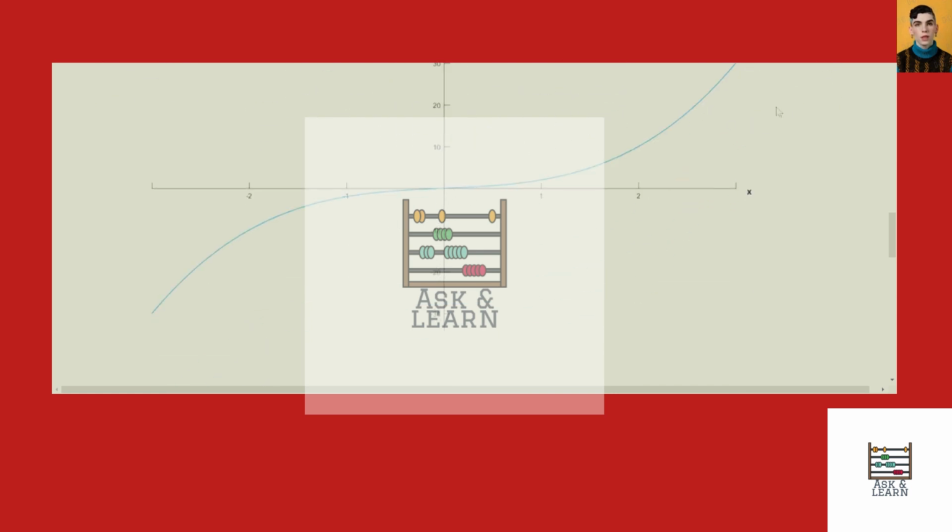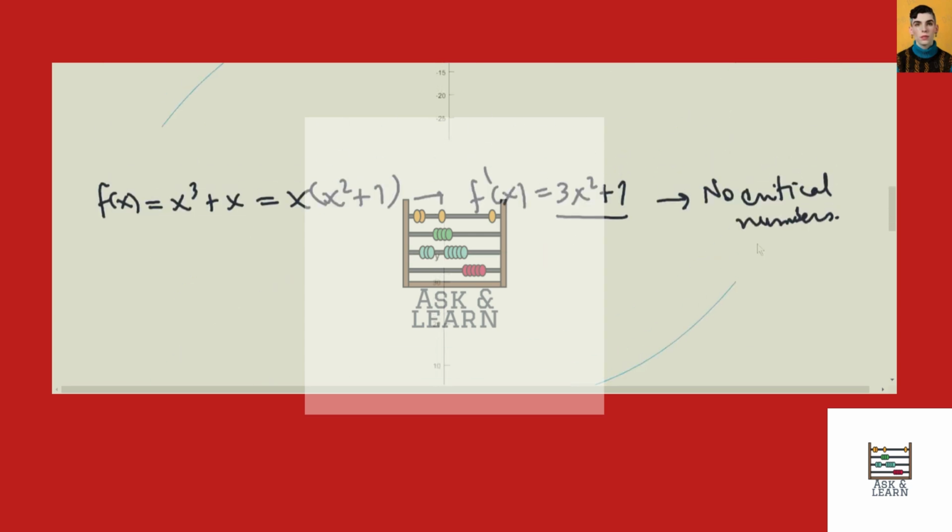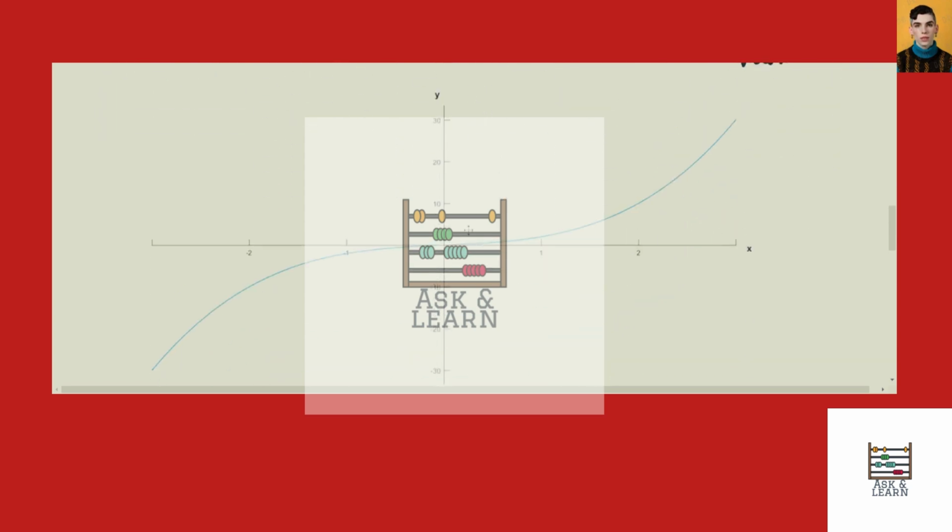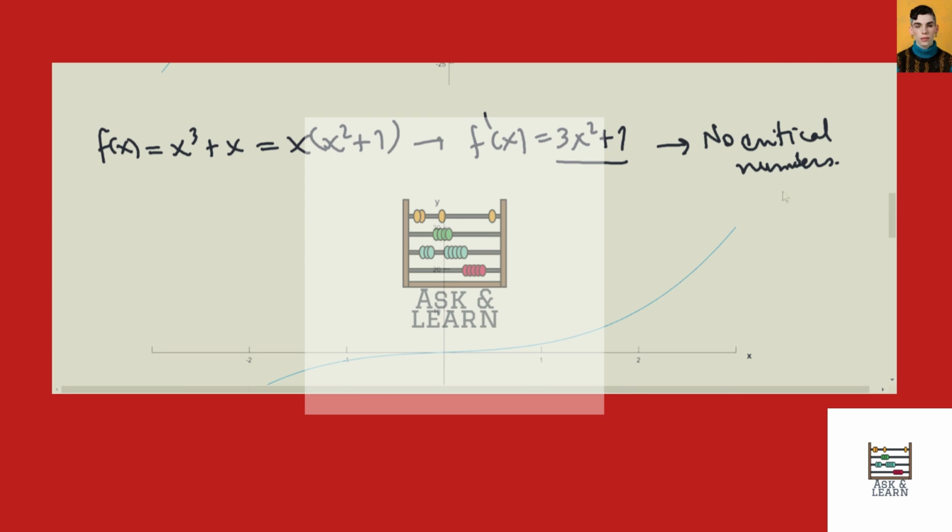So the function doesn't have real extreme values at 0, but it doesn't have the flat appearance near 0. But again, there is no extreme value, and it corresponds to non-critical numbers.